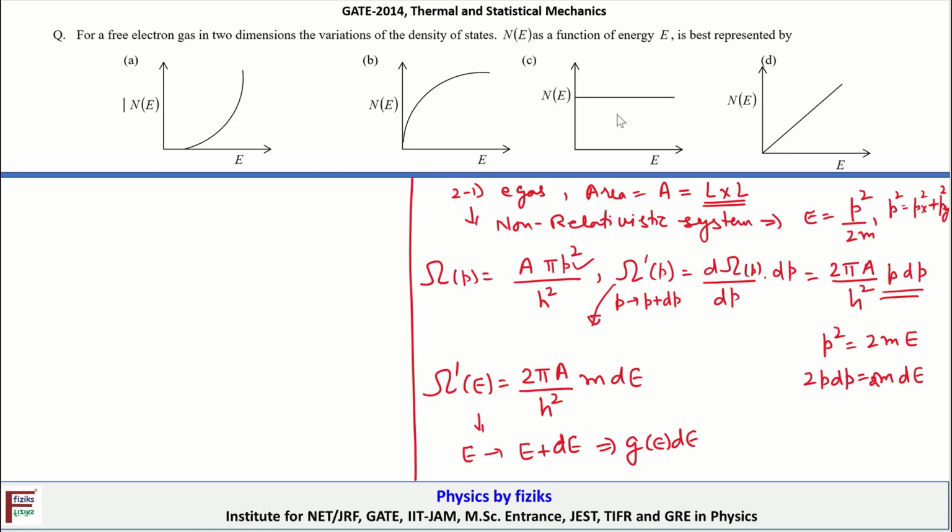That means G(E) dE is equal to 2 pi A upon h square, multiplied by m, and then E power 0, because there is no energy dependence, and then dE. Because the density of states in 2 dimensions is independent of energy.